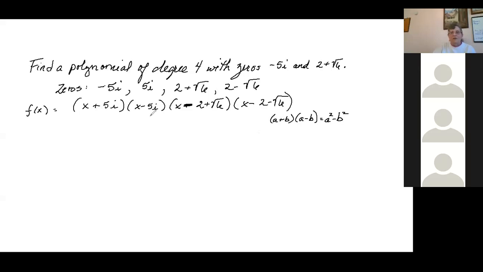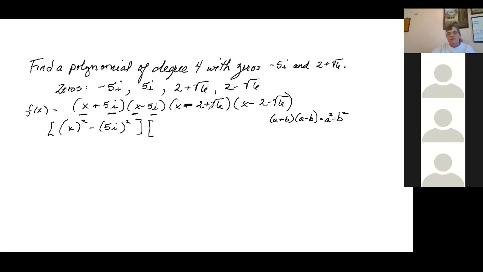So anytime you multiply conjugates, you can use this instead of completely FOILing it out. Here we've got x plus and minus 5i. This is going to multiply out to x squared minus 5i squared. The first one squared minus the second one squared.